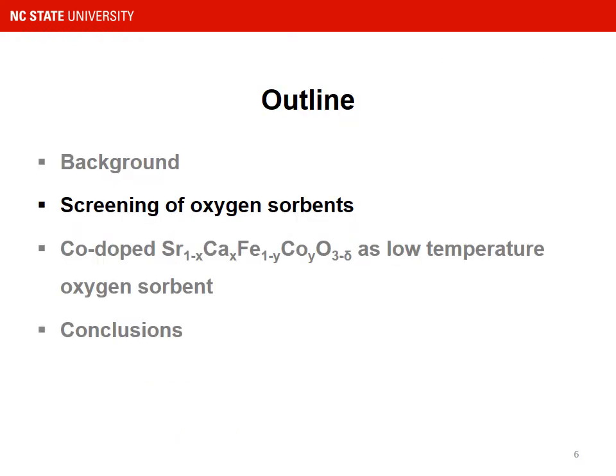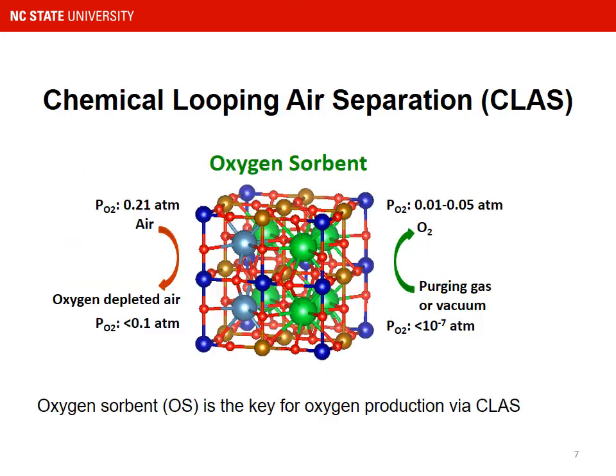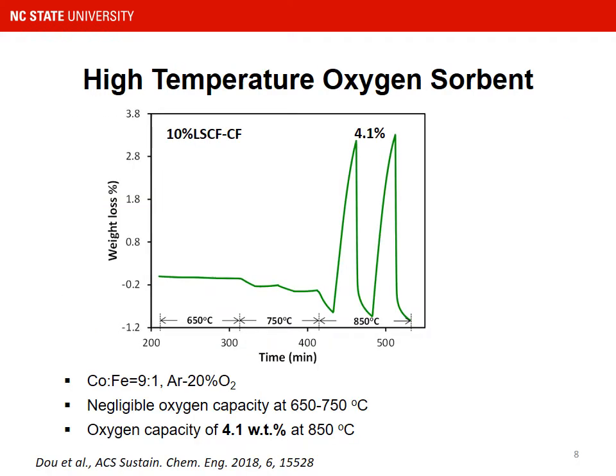Next, I will talk about how we select suitable oxygen sorbents for chemical looping ion separation. As I mentioned previously, the key of the chemical looping ion separation process is how we design a suitable oxygen sorbent which can reversibly store and release oxygen. Initially, we designed mixed oxide as the oxygen sorbent for ion separation.